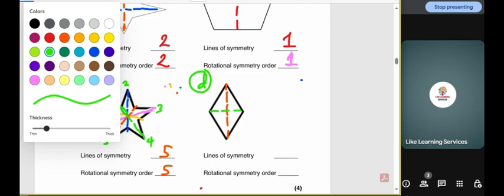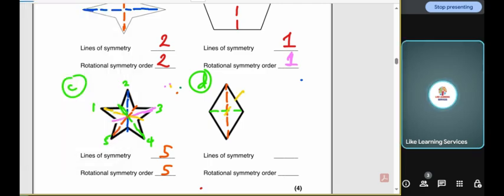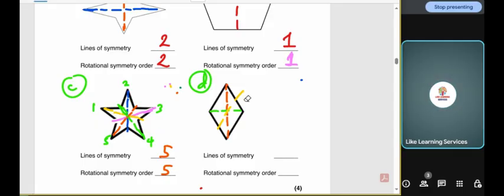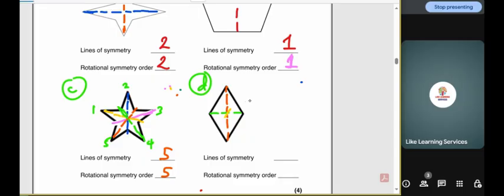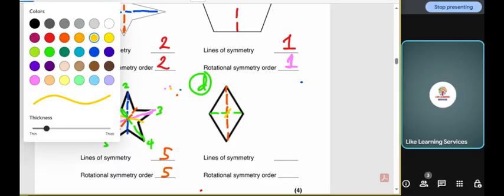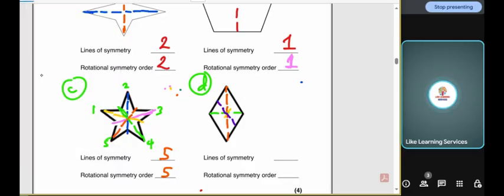No. If we fold it like this, will it lap? Oh, wait, no. I think there's 4. But will it lap? Oh, you're not sure? I said it won't lap. How about like this? Will it lap like this?